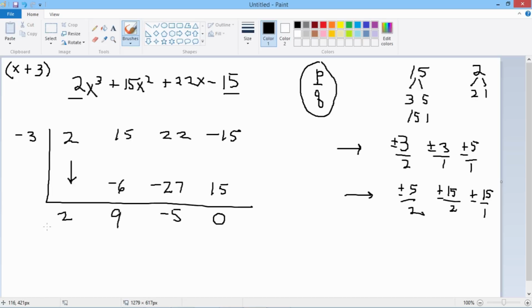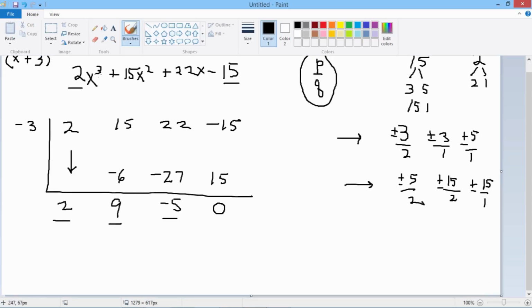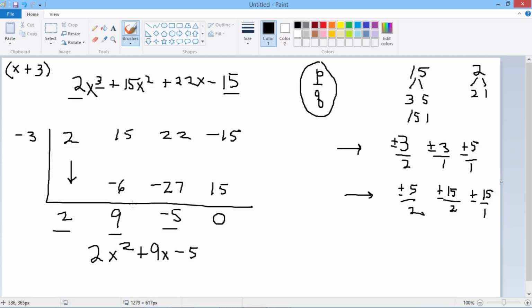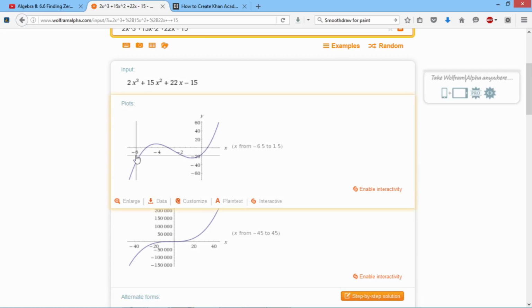And then we use these numbers to come up with another polynomial, 1 degree less than the original polynomial. So we get 2x squared plus 9x minus 5. And now we have to find 2 more factors. And if we look at our graph again, we see, yes, in fact, there are 2 more roots.